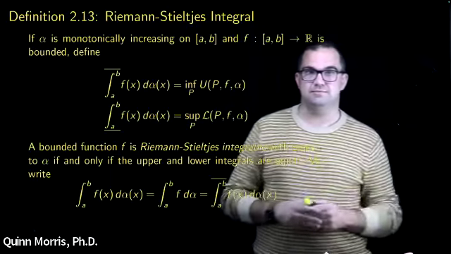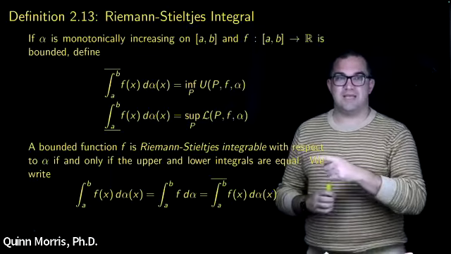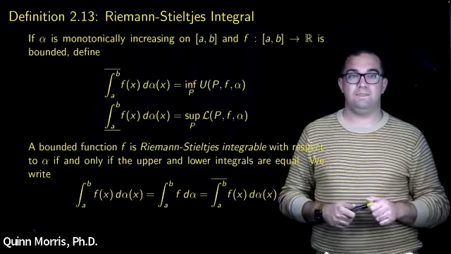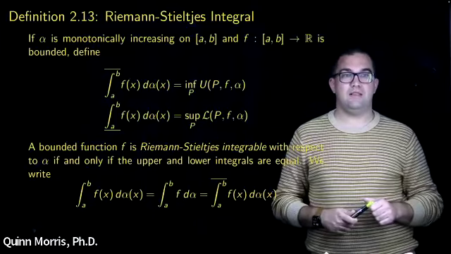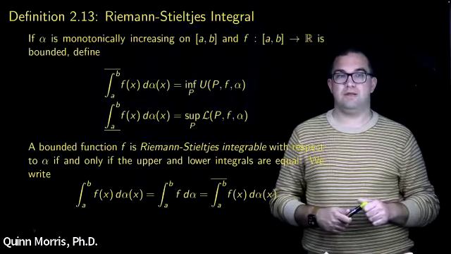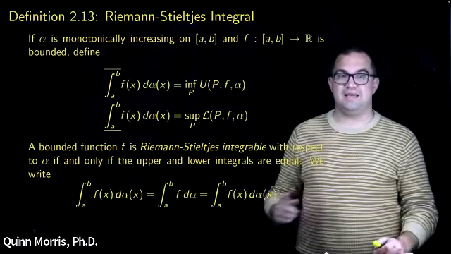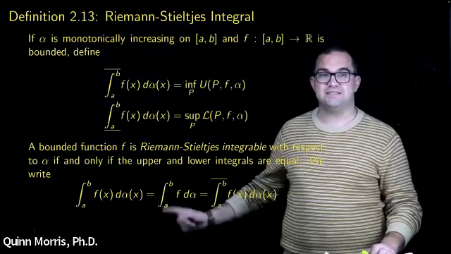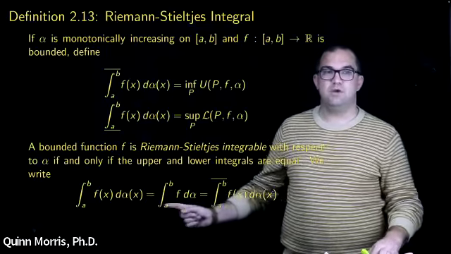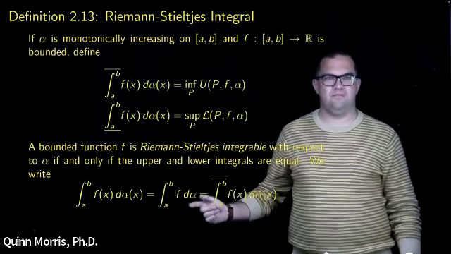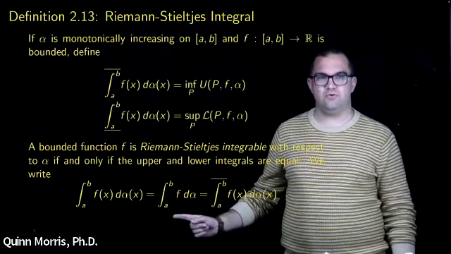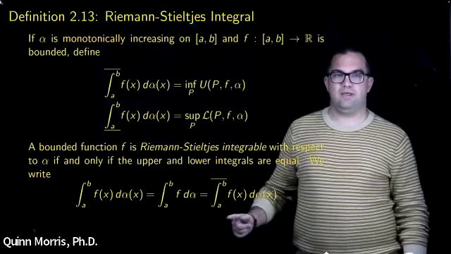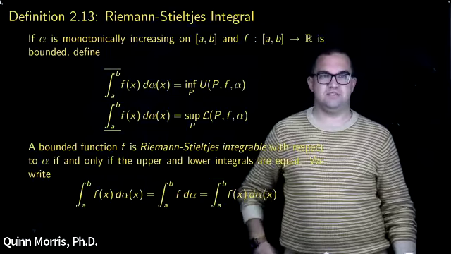And then finally, we just say that a bounded function f is Riemann-Stieltjes integrable with respect to alpha if and only if the upper and lower integrals are equal. In that case, we would write that the integral from a to b of f of x d alpha of x, or equivalently, sometimes we drop the of x bits, so we might just write the integral from a to b of f d alpha, would just be equal to the upper Riemann-Stieltjes integral.